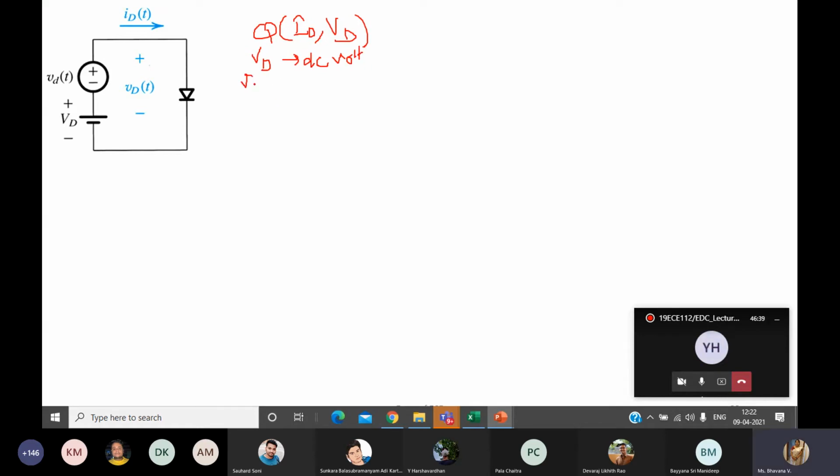Small vd of t: whenever you hear the word signal, it means it is an AC parameter. vd of t is a time varying signal with a triangular waveform. And small v suffix capital D of t is the instantaneous total diode voltage.